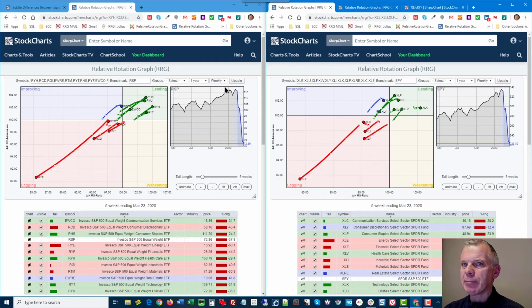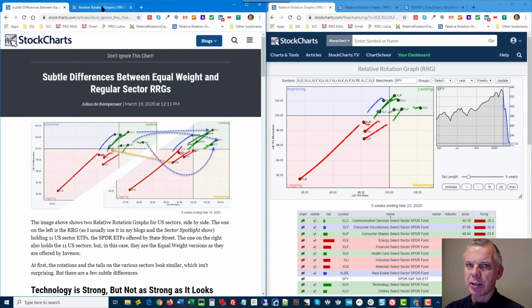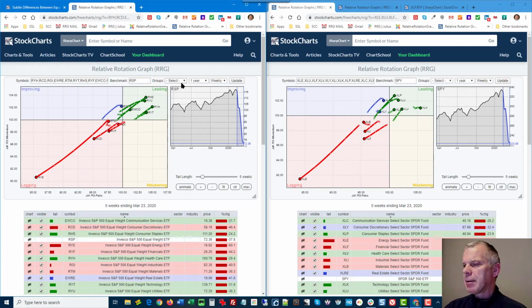One other thing, which I also highlighted in the blog article, is the relationship between staples and discretionary. Usually there is a pretty clear split between staples and discretionary, especially in risk on, risk off type markets.